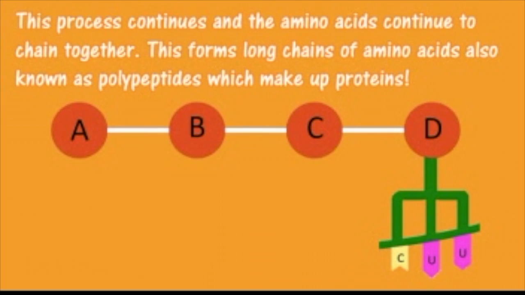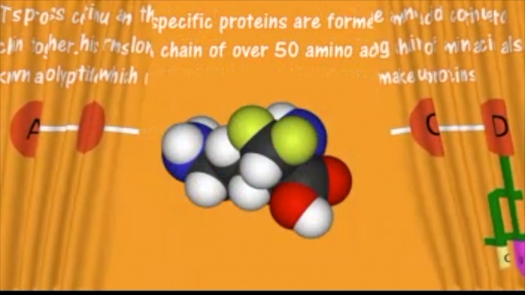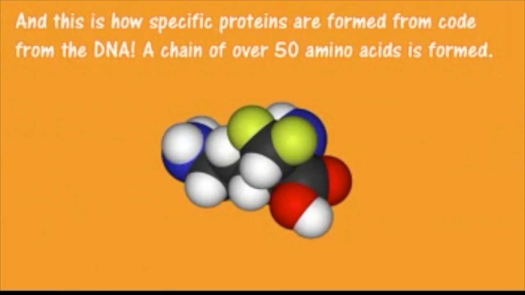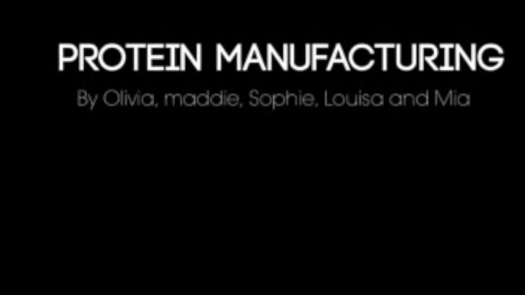This process continues and the amino acids continue to chain together. This forms one chain of amino acids, also known as polypeptides, which make up proteins. And this is how specific proteins are formed from code from the DNA. A chain of over 50 amino acids is formed.